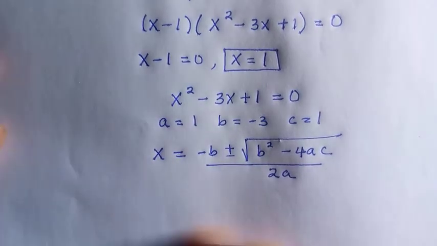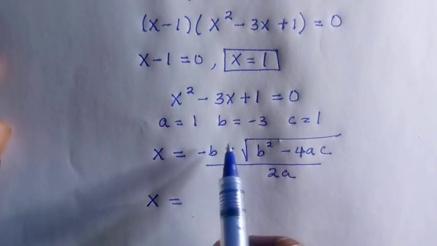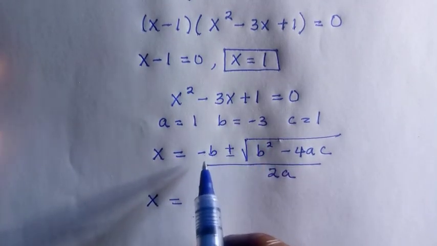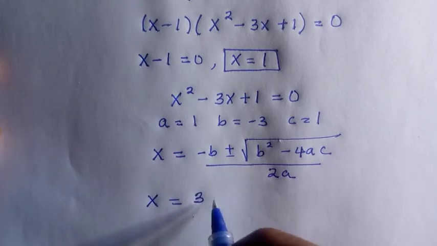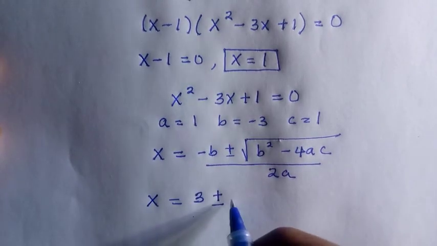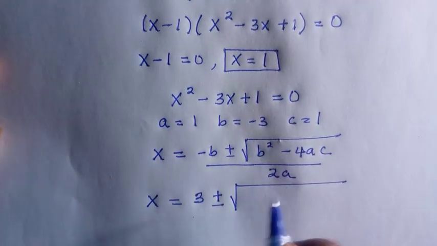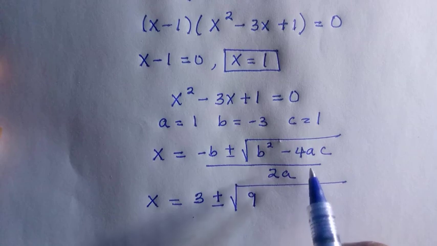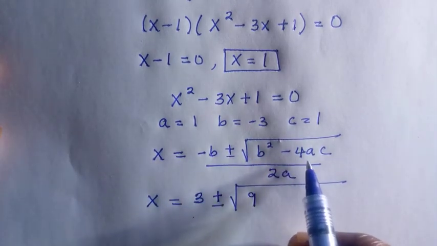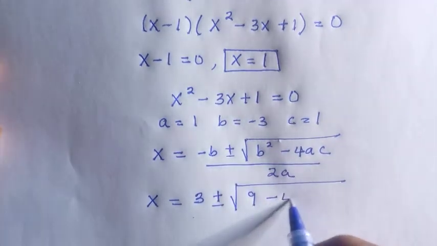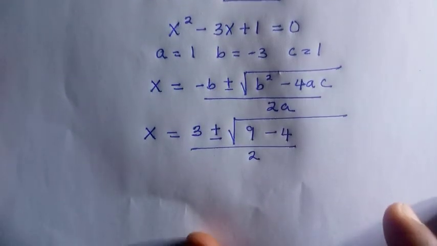The value of b is minus 3, so minus multiplied by minus gives plus. Then b squared, minus 3 squared, gives 9. With a as 1 and c as 1, 4 multiplied by 1 multiplied by 1 gives 4, divided by 2 multiplied by 1, which is 2.